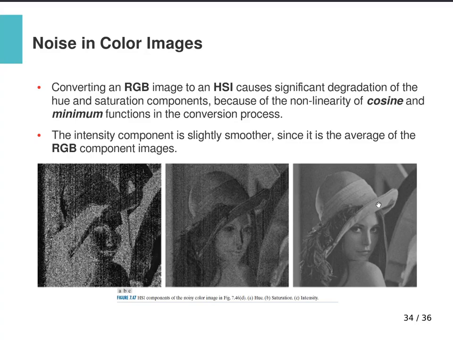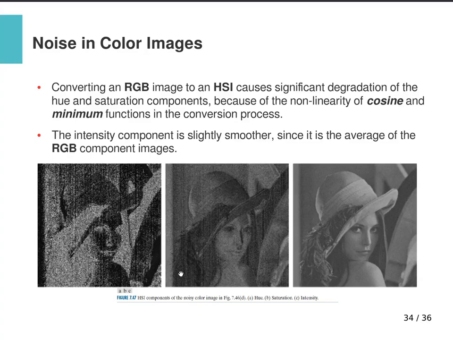So what happens is that if you have a noisy image in the RGB color model and you convert it to HSI, usually the hue and saturation components look worse than if they were for a noise-free image. Not only because of the nonlinearity, but also, if you remember, the hue component had a discontinuity as well.